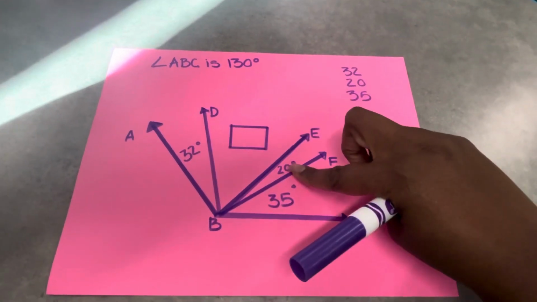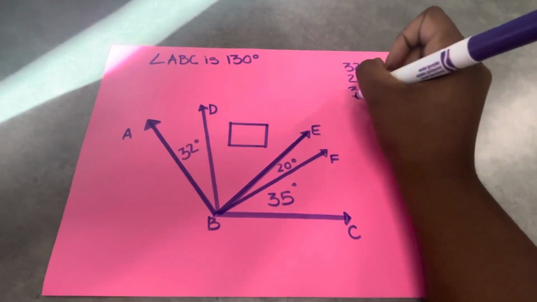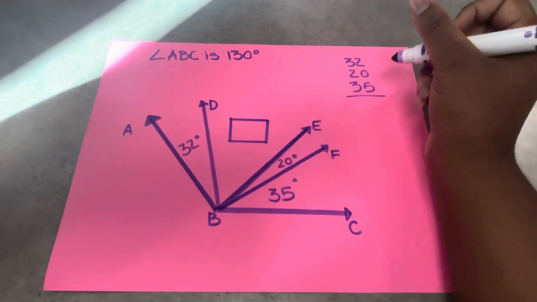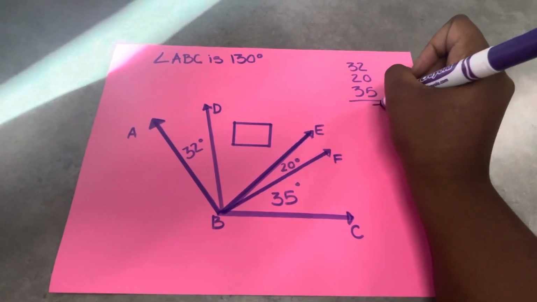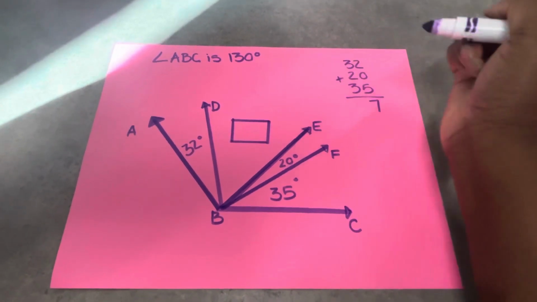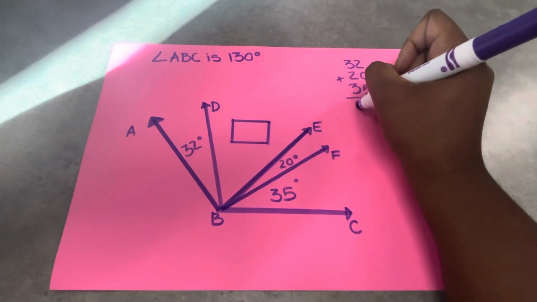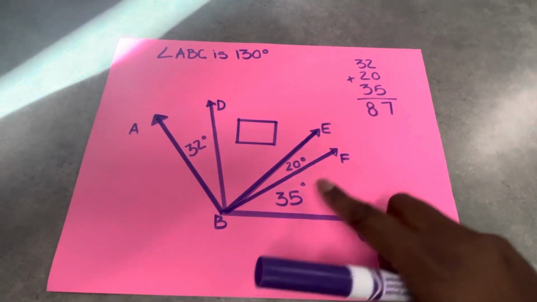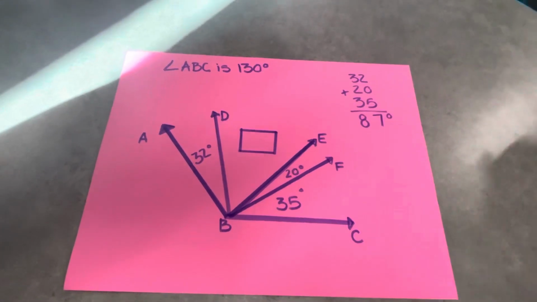So I'm going to get the measurement of the angles that we do know combined. I know that 2 plus 0 is still 2, and 2 plus 5 is 7. 3 plus 2 is 5, plus 3 is 8. So that means this angle and this angle together equal 87 degrees.